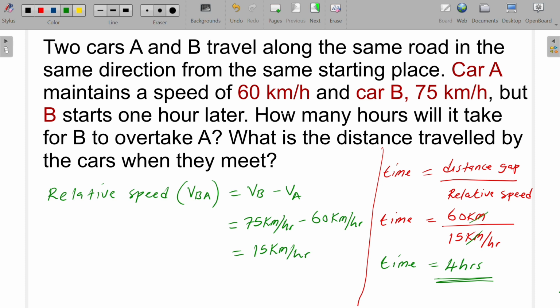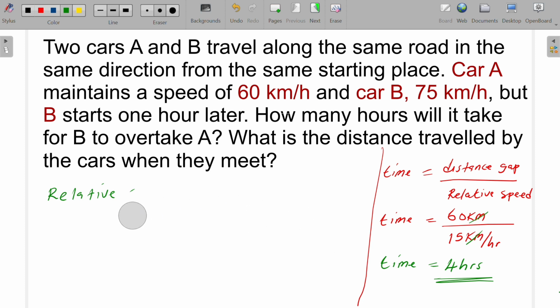Let's go ahead and answer the other part. The other part is saying, what is the distance traveled by the cars when they meet? So to find that distance, we are still using the same formula that says speed is equal to distance over time, and our distance will be equal to speed multiplied by time.